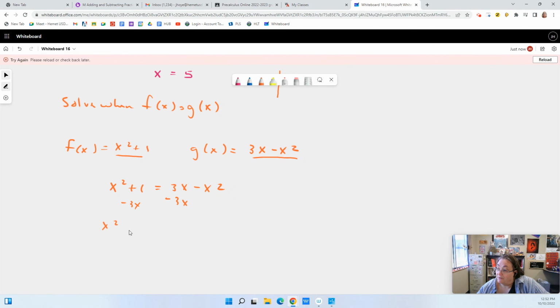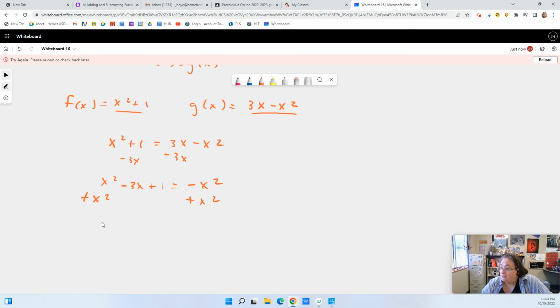I probably should have moved my 3x first. x squared minus 3x plus 1 equals negative x squared. I can move this over too. I could add x squared to both sides. And then I'm going to get 2x squared minus 3x plus 1 equals 0.